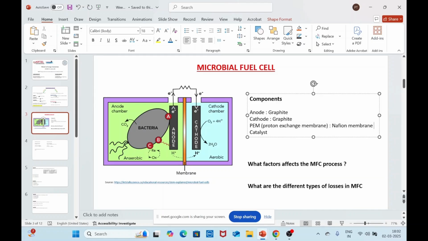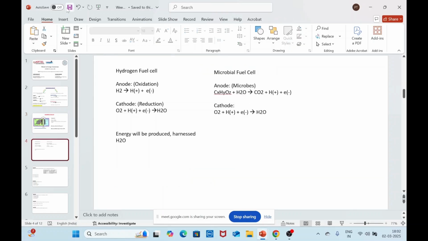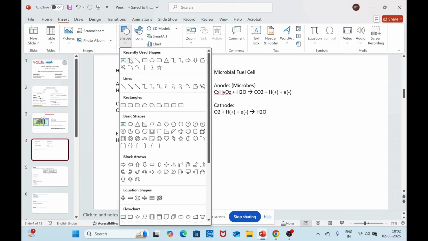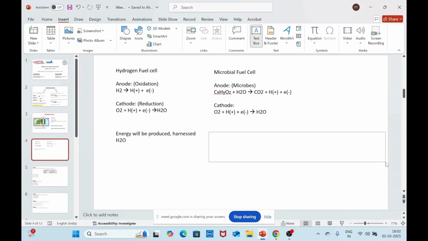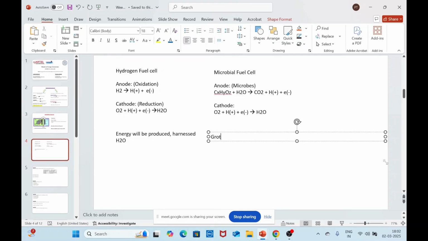This Nafion membrane typically works based on the H plus ion hopping mechanism, also called Grotthuss structural diffusion mechanism. Let me write that name, Grotthuss structural diffusion mechanism.